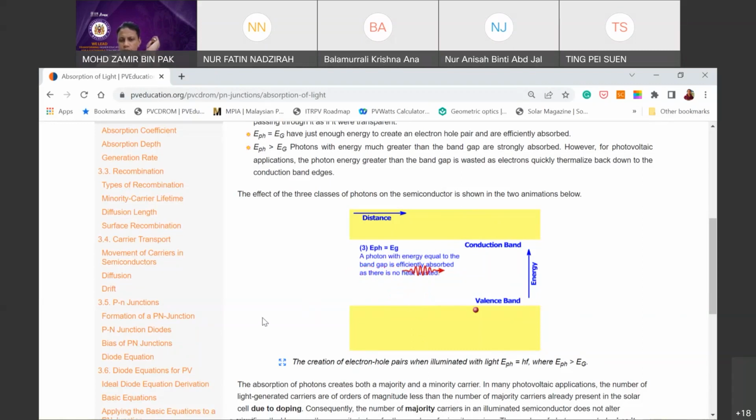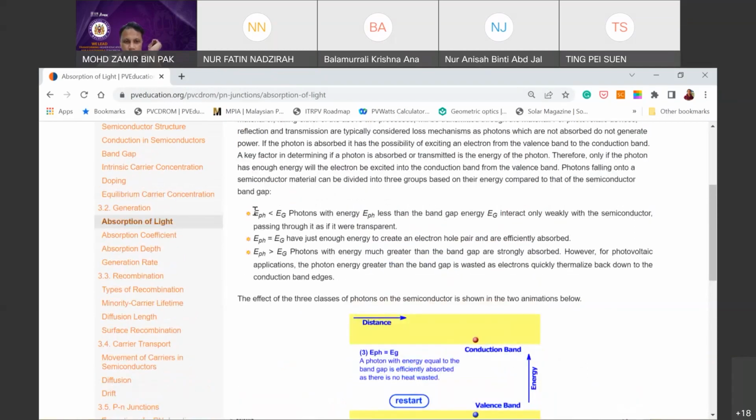Next, EPH just equal to EG: a photon with energy equal to the band gap is efficiently absorbed and there is no heat wasted, as excitation will take place from the valence band edge to the conduction band edge, right? So then the photon will be absorbed and you're going to get excitation.